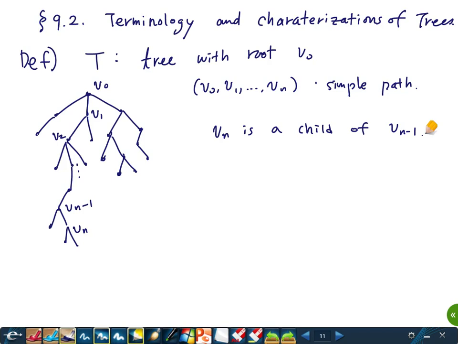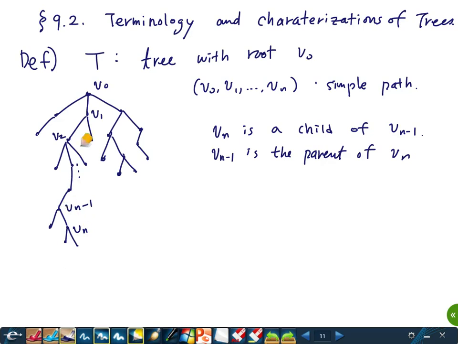Think of this as a family tree that represents your family. And Vn minus 1 is called the parent of Vn. So this is a child and this is the parent.